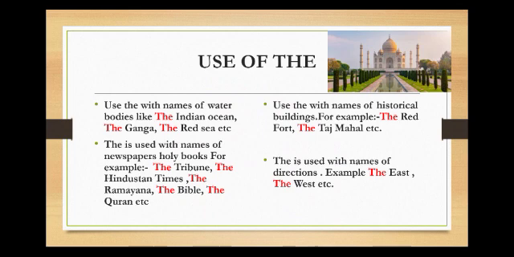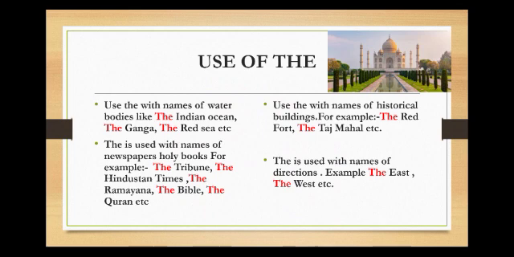For example, the Tribune, the Hindustan Times. And if you are talking about holy books, then use the with their names. For example, the Ramayana, the Bible, the Quran, etc.